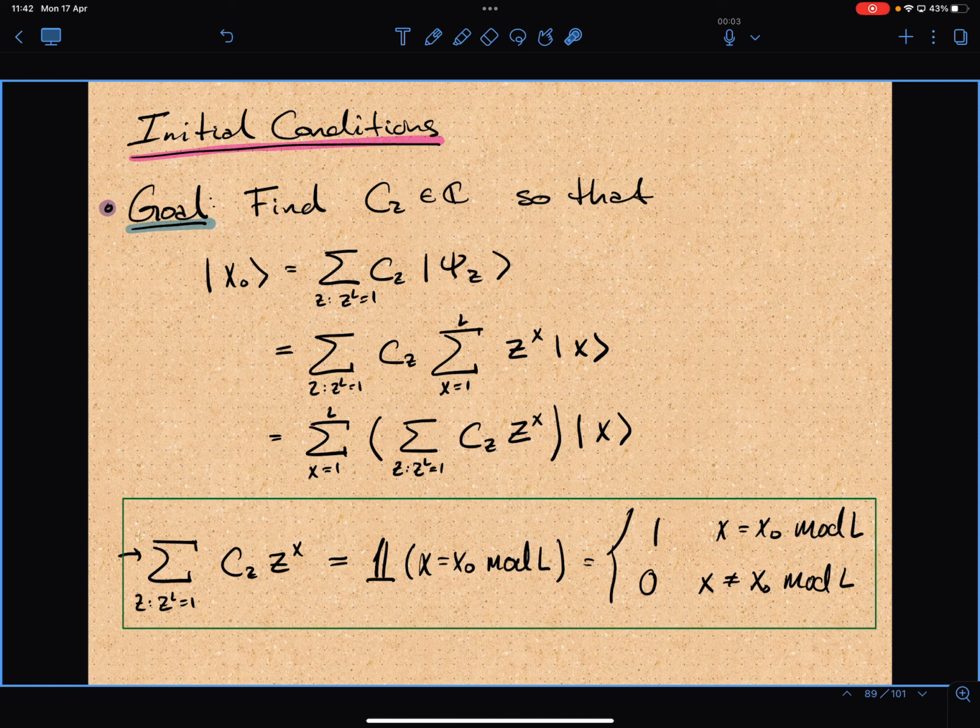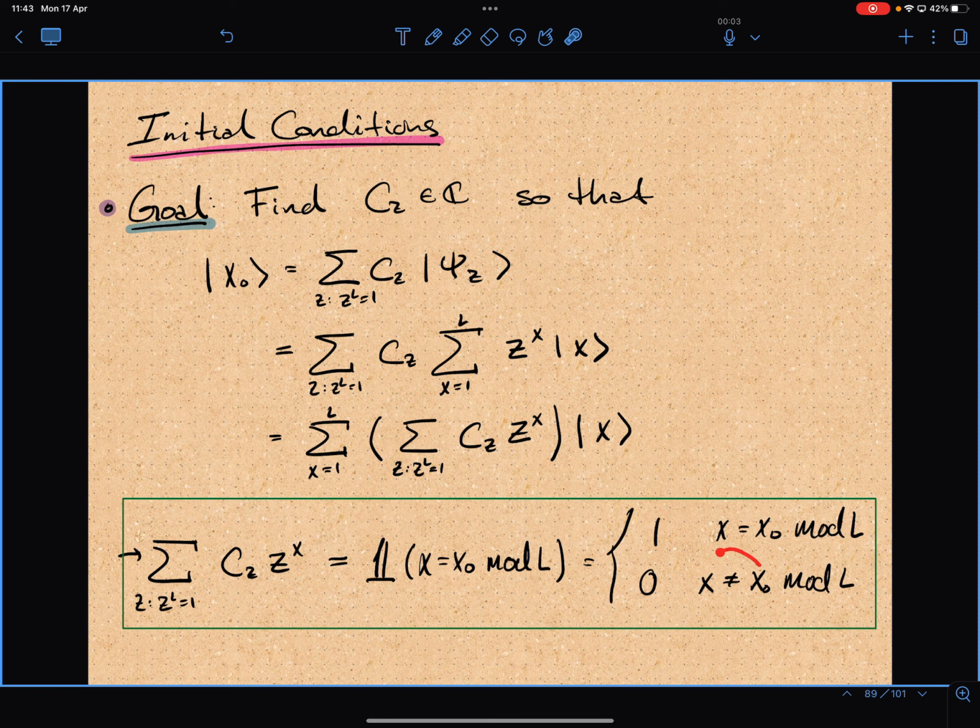Meaning that this formula for the coefficients, this linear sum, has to be equal to 1 if x equals x naught mod L. So if the difference of x minus x naught is a multiple of L, then this should be equal to 1. This is because we're thinking of this as a periodic system.